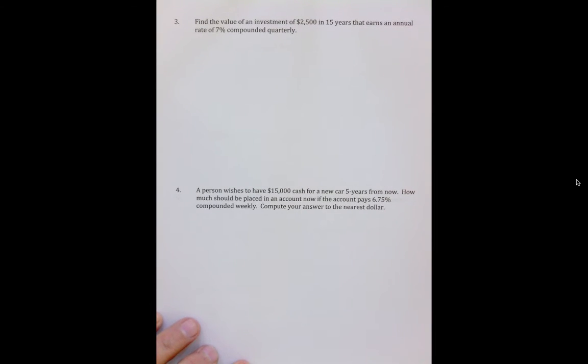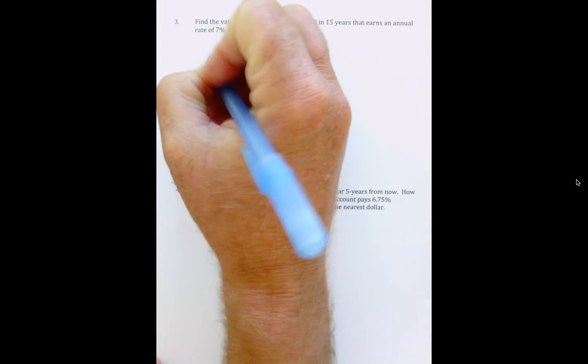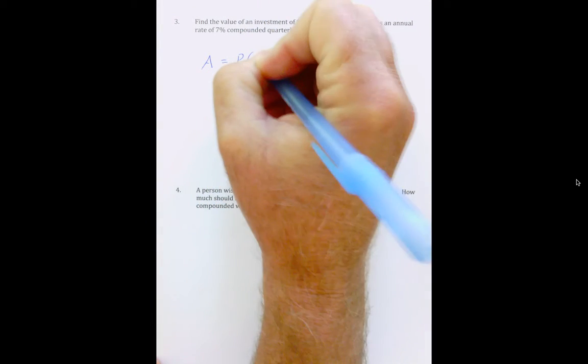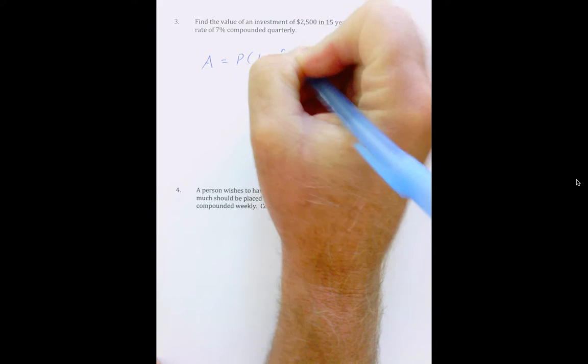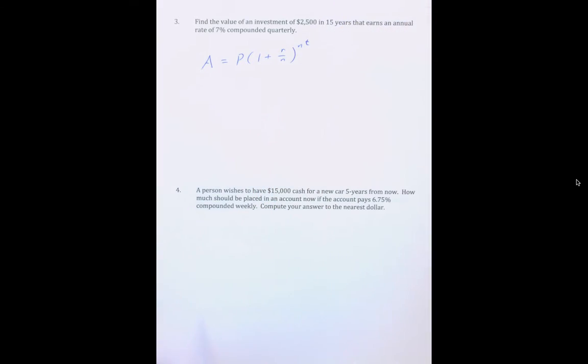All right, find the value of an investment of $2,500 in 15 years. It earns an annual rate of 3% compounded quarterly. Well, guys, here's the formula that we need to use, and we just need to put the corresponding numbers in the corresponding part.